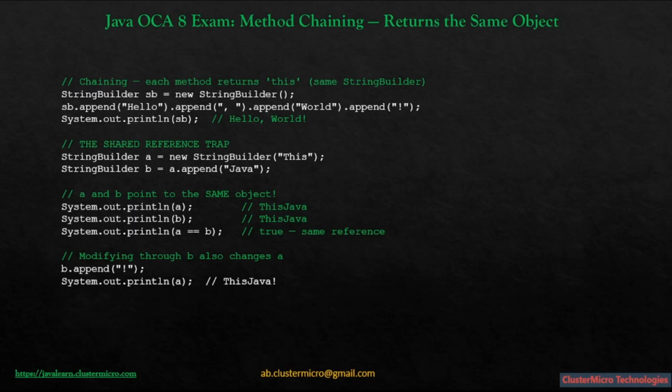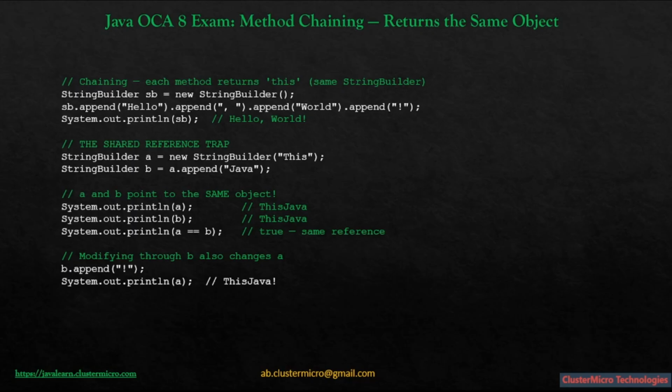So if we print System.out.println A, we get this java, System.out.println B, this java, and System.out.println A == B is true. Both print this java because they are the same object. A == B is true because it's the same reference, same memory address.